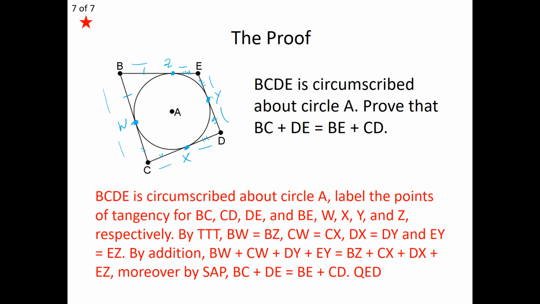Well, then watch the magic that unfolds as we look at the right-hand side, because if we're adding on the right-hand side BZ and EZ, they equal the entire segment BE by the segment addition postulate, and CX and DX also add up to their whole, which is CD, and thus we have it: BC plus DE equals BE plus CD. Or in other words, the bigger picture, that the sum of the opposite sides are equal to each other in a circumscribed quadrilateral. So that, QED, concludes our proof of the circumscribed quadrilateral theorem, which you will be using on the worksheet tonight.